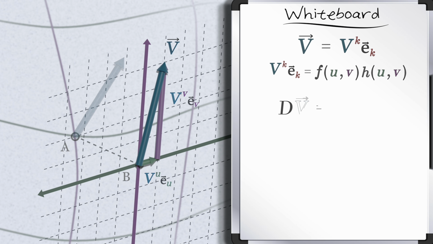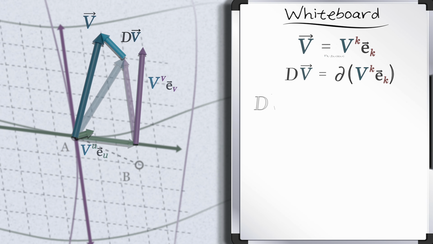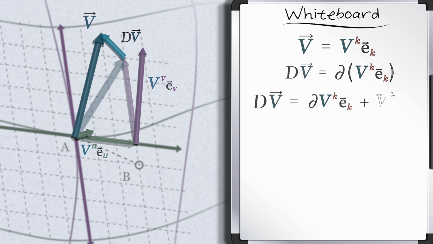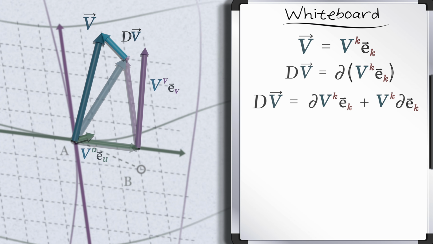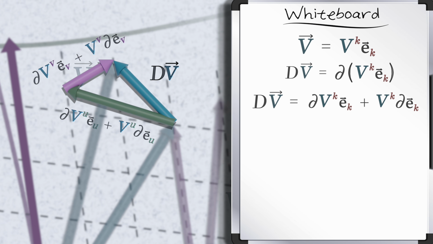This means that expressing the infinitesimal change of our vector with respect to the manifold requires invoking the chain rule. That is, dv equals dv^k e_k plus v^k de_k. Now, this first term on the right is the coordinative differential.